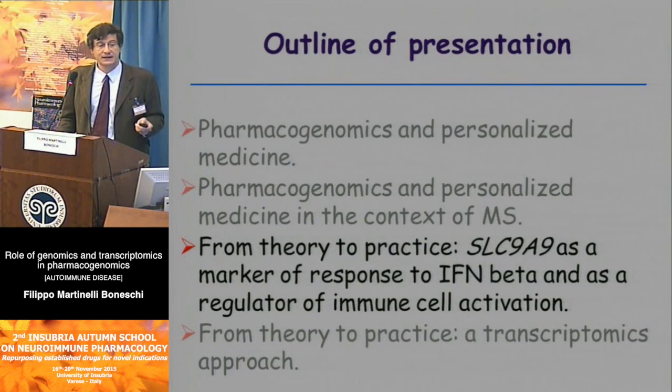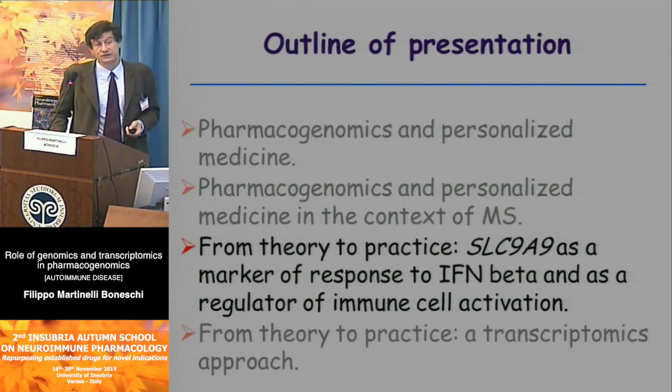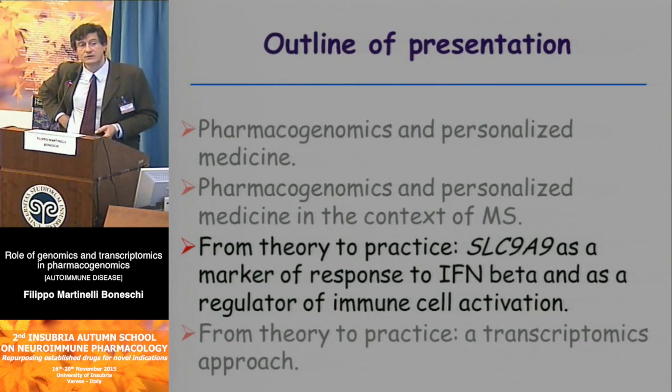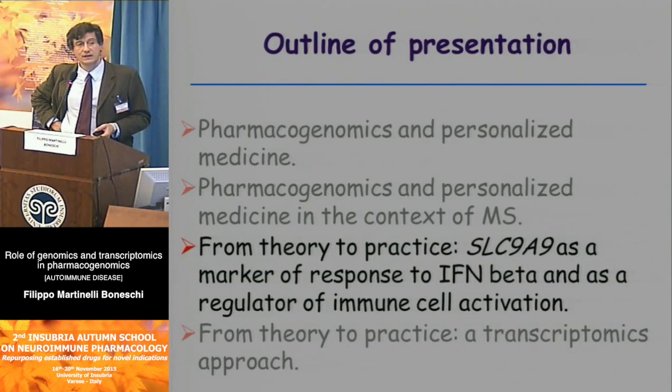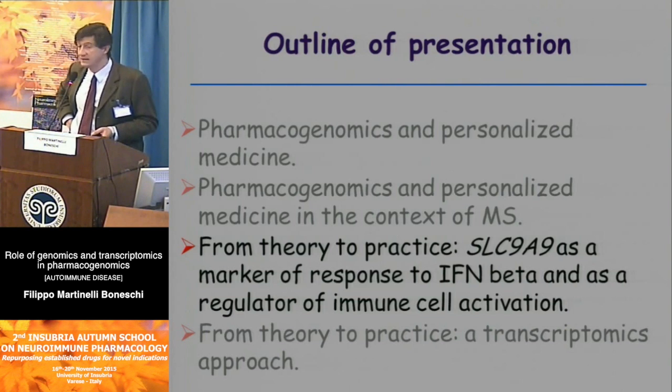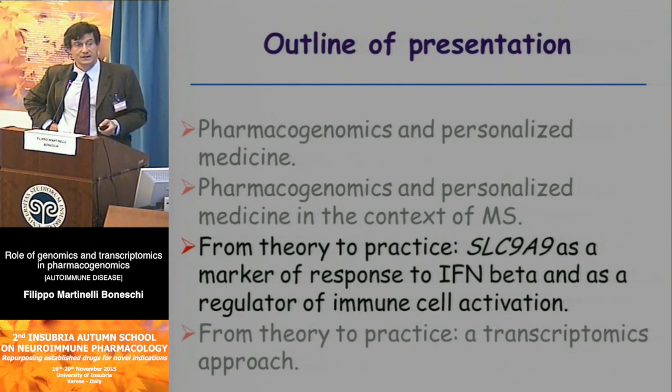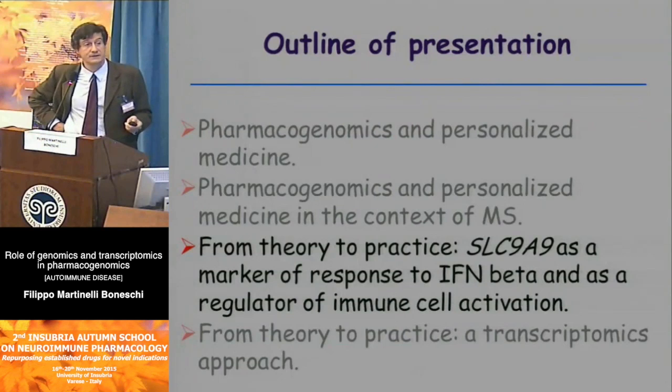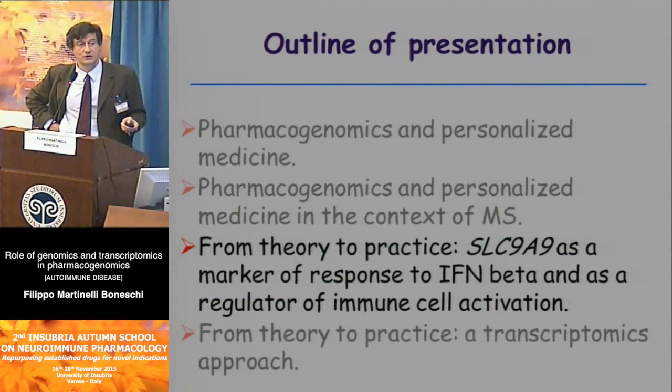And let me briefly describe in the last 15-20 minutes what we did in a project which was 7 years long. So a very, very long project, and a lot of work has been done, but I think it's a good example of pharmacogenomics.